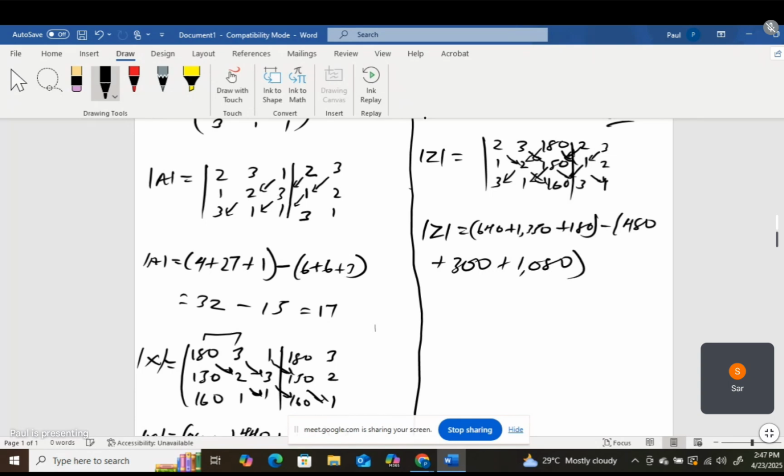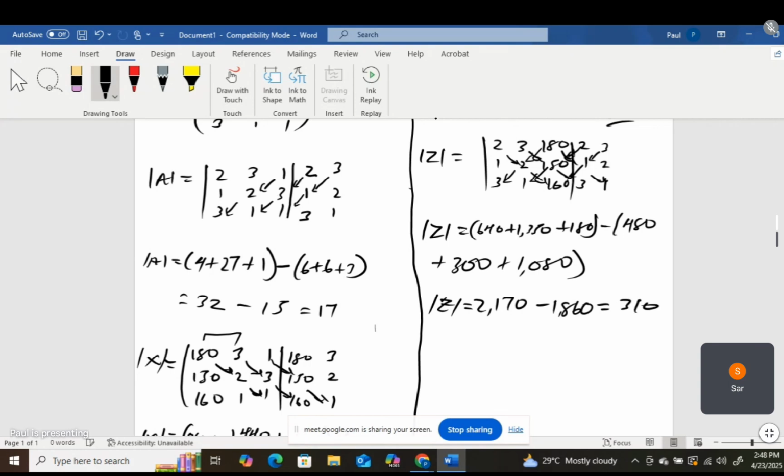Please, did you get that? So we add them: 640 plus 1350 plus 180, we are getting 2170, minus 480 plus 300 plus 1080, that's 1860. So 2170 minus 1860 gives us 310.